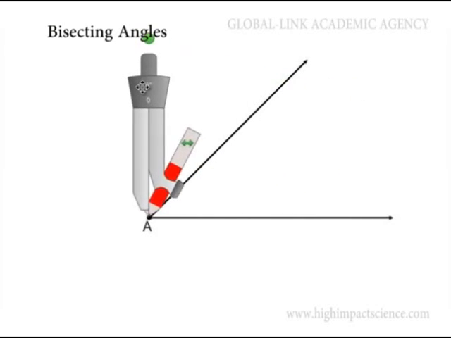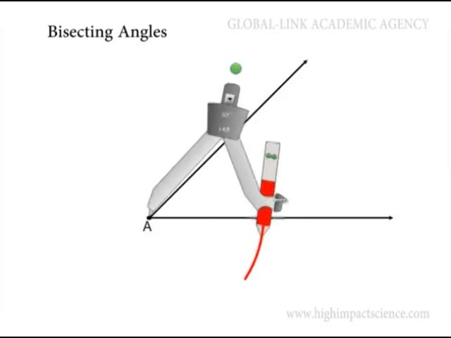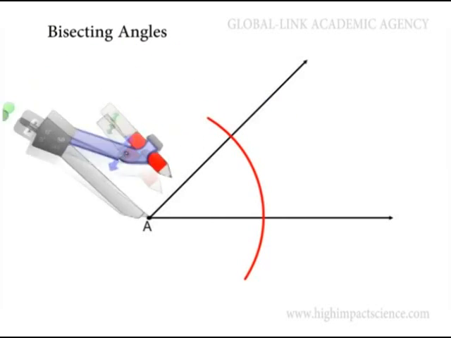Place the compass at point A. Open a convenient radius and mark an arc to intersect both lines.